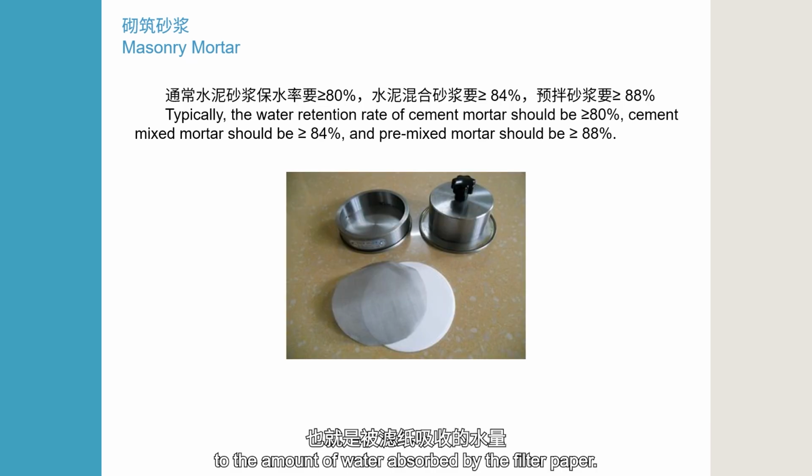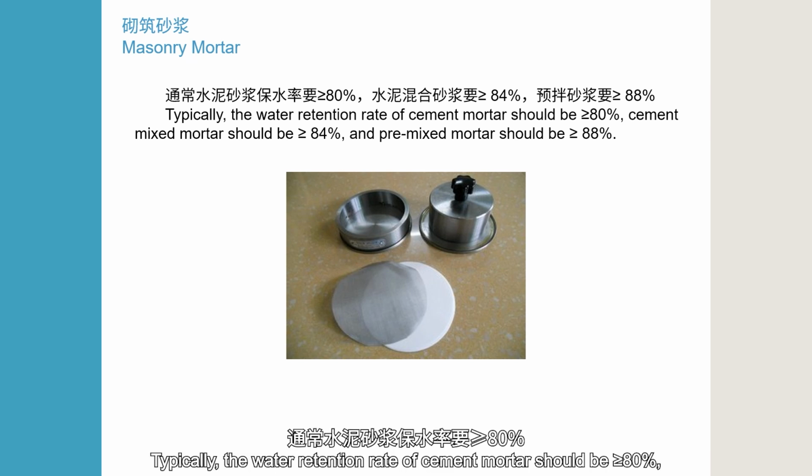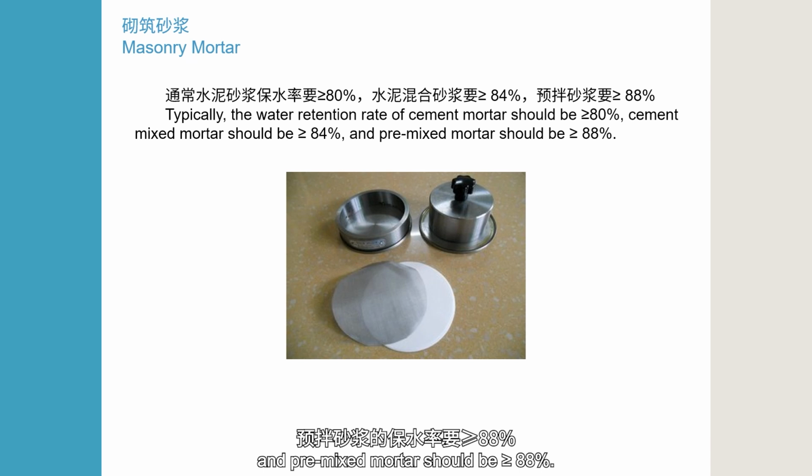The water bleeding amount here refers to the amount of water absorbed by the filter paper. And typically, the water retention rate of cement mortar should be greater than or equal to 80%. Cement mixed mortar should be greater than or equal to 84%, and premixed mortar should be greater than or equal to 88%.